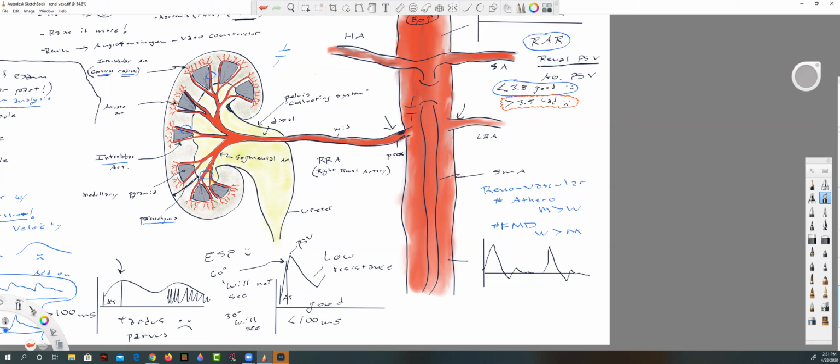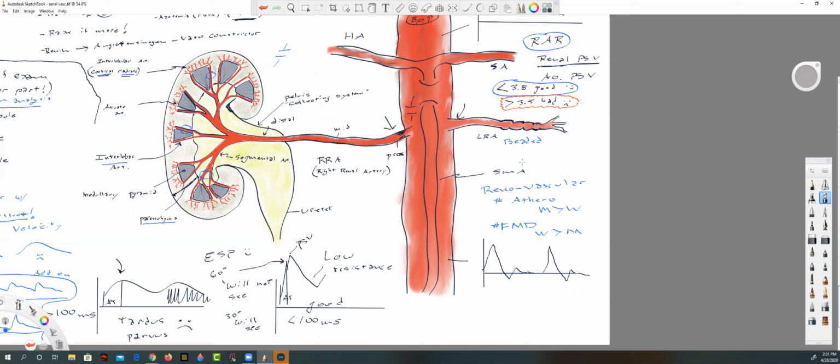Let's see, I actually wrote, doink, and look how quickly I drew that. You guys didn't even see it happen. Fibromuscular dysplasia, same thing that people can get in the, most likely, internal carotid artery, is a dysplastic growth of the walls of the artery, and it creates a beaded appearance.